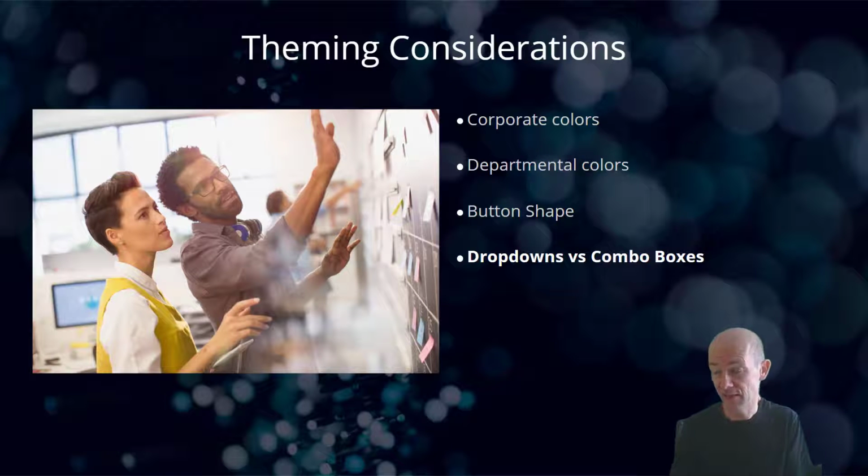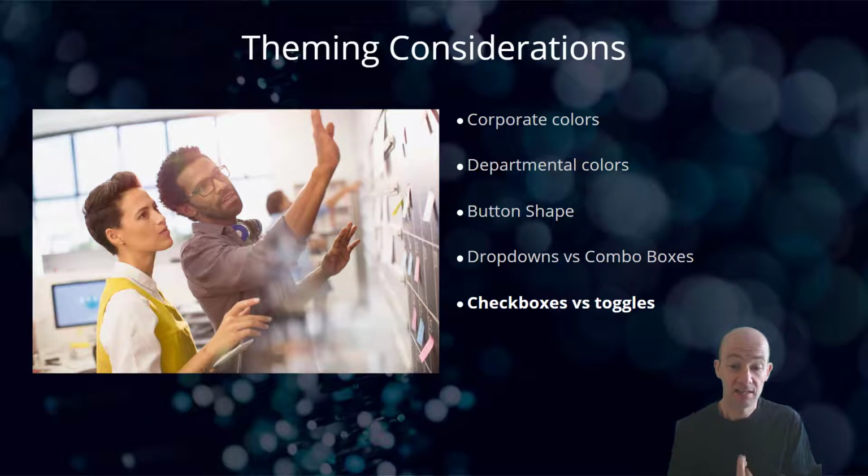But it can be really strange when you're using drop-downs and combo boxes, because people then sort of assume that they've got a search option in a drop-down, whereas they actually only have it in a combo box. So do be careful with whether or not you actually use both at the same time. And the same goes for checkboxes and toggles, because they really both are on-off type values.